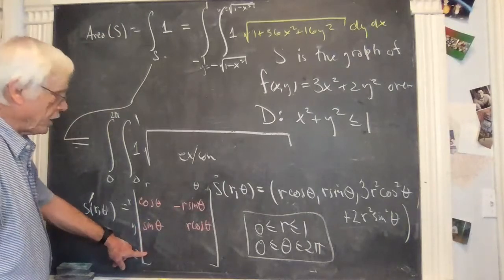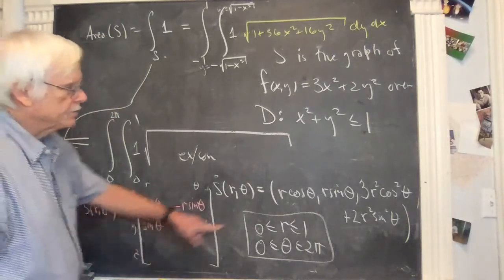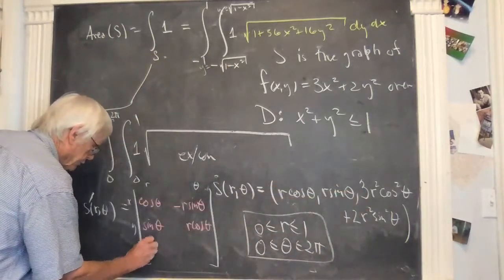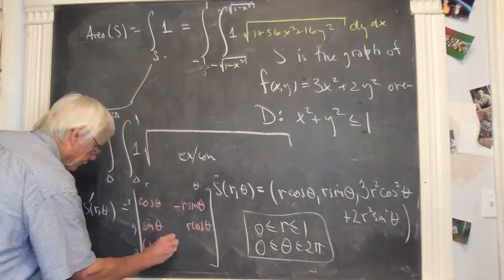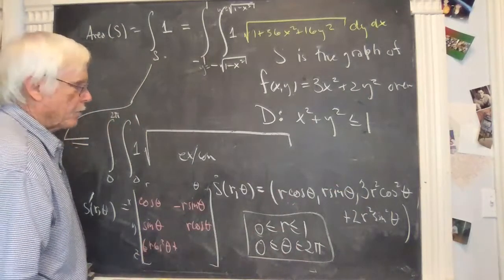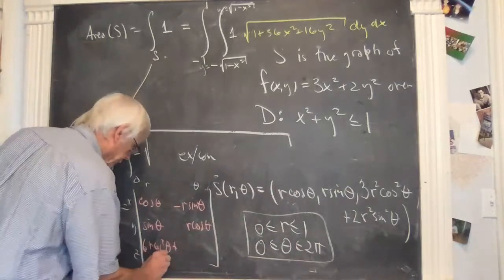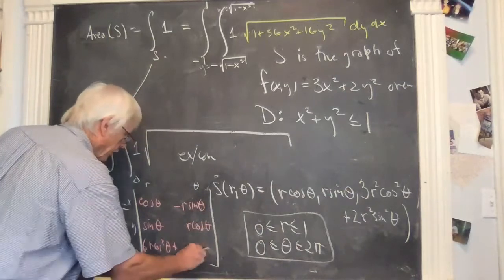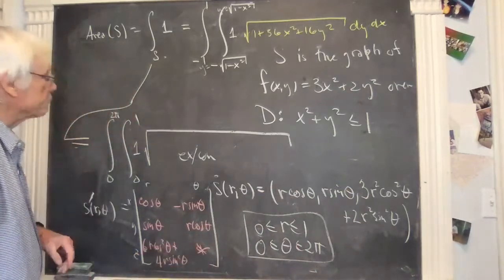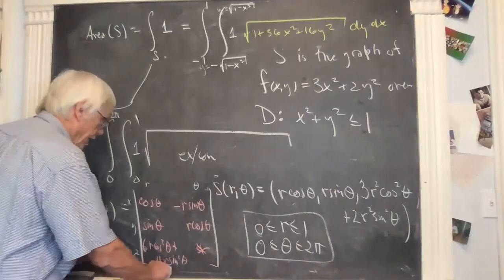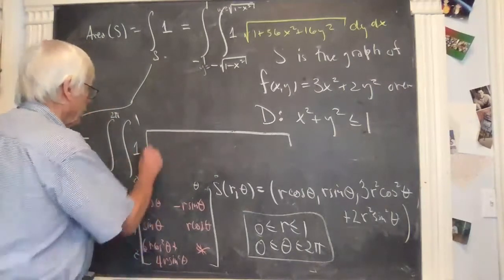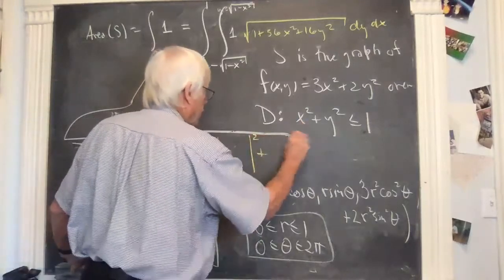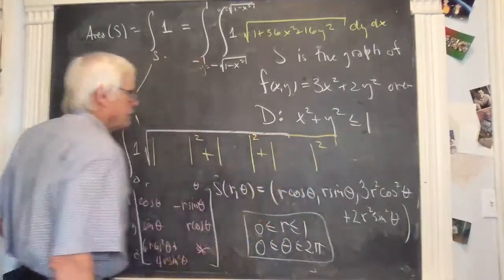The derivative of z with respect to r is 6r cosine squared theta plus 4r sine squared theta. Then we got one more to compute. So this expansion contraction factor, when we're going to compute it, has, again, the sum of 3 determinants squared.